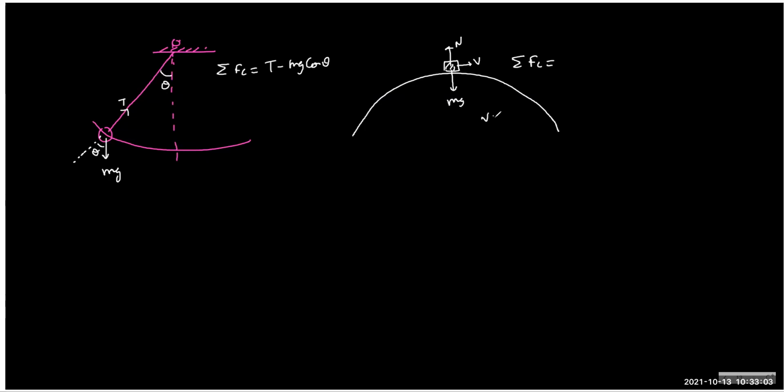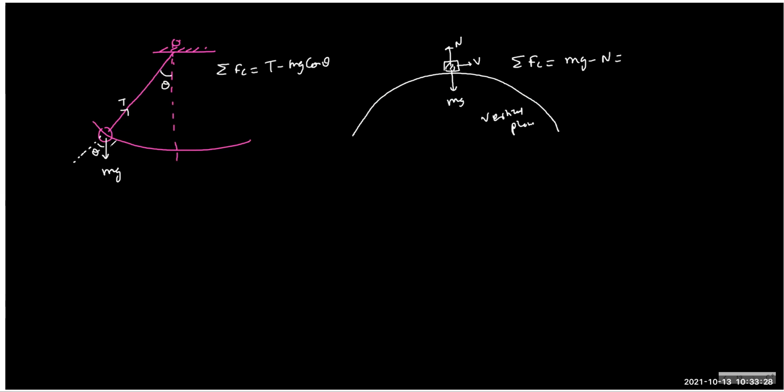Vertical plane. So both are examples of vertical plane. So mg minus normal is equal to m into a_c. Yeah, correct. Now we're just practicing how to write the formula for the net centripetal force.